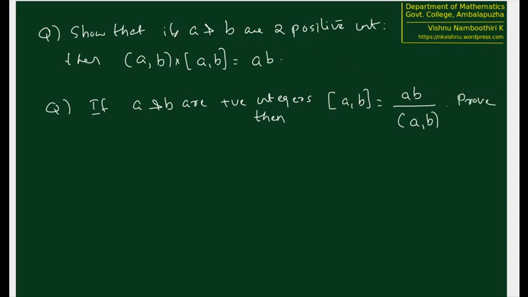Once we prove the above thing, we have to just take GCD of A, B to the right side, and it should be brought to the denominator of AB. Prove it. This is the question. Now we are going to use this for finding the LCM.